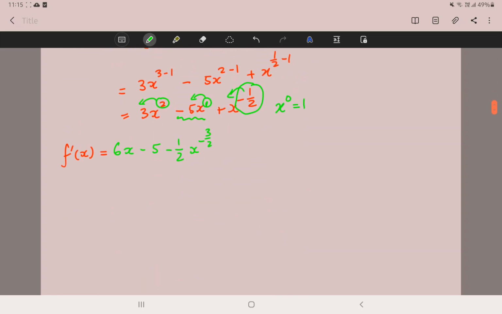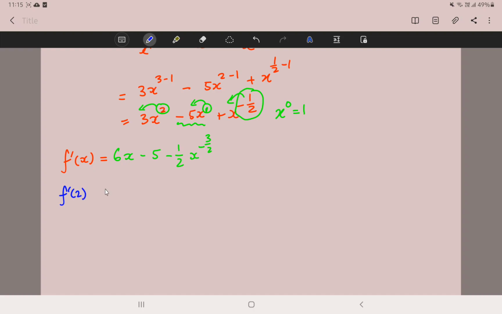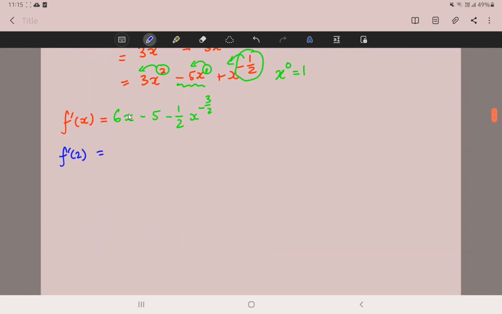you just substitute the value of 2. So f prime of 2, yep. So just substitute the value of 2 inside here and there. So you have 6 times 2, minus 5, minus 1 half times 2 to the power of minus 3 over 2.